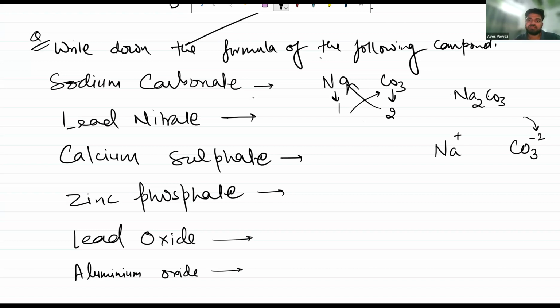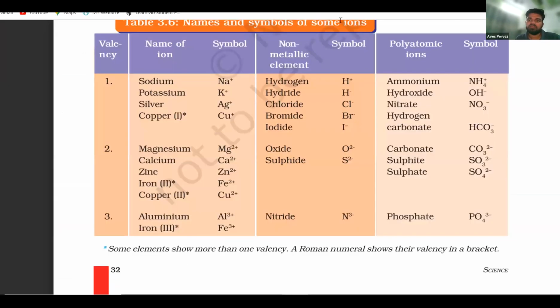Here is the valency chart. Okay. Here's the valency chart. If you have not written this one, please note it down.